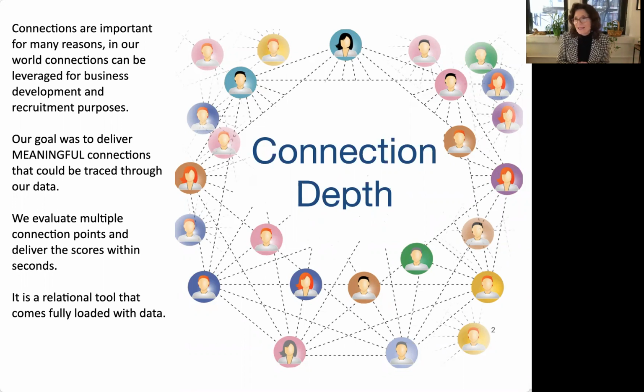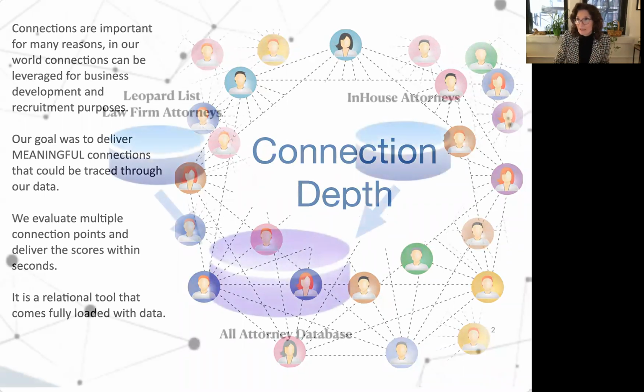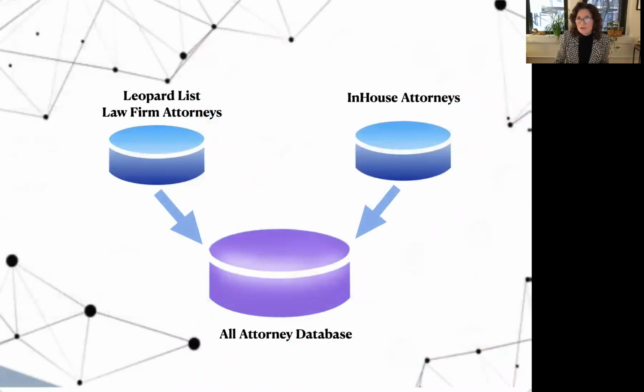Before we built this, we decided to evaluate all the different connection points that we might be able to deliver and how we might score those points. What we ended up with is a relational tool, but this one comes fully loaded with data. The first thing we had to do was throw out the rule book of everything we've done before.